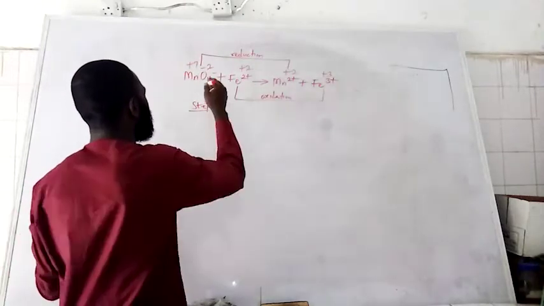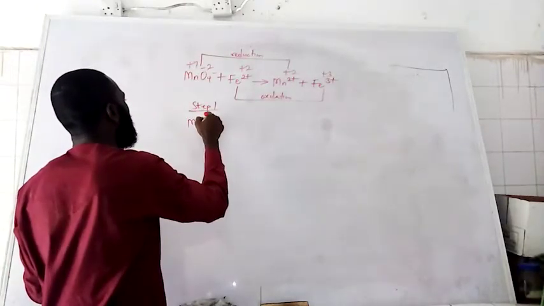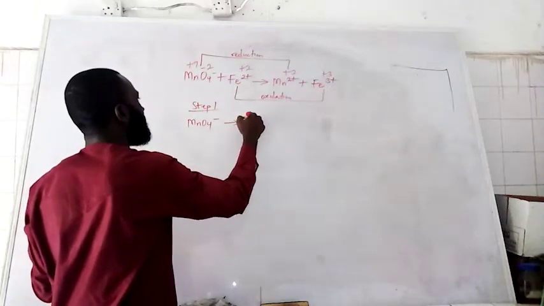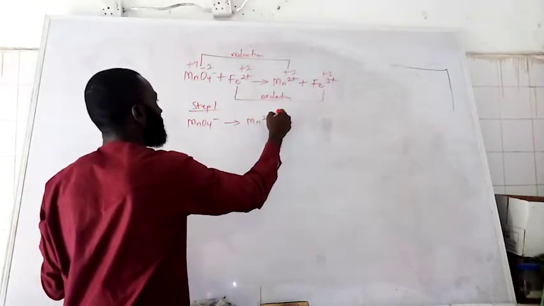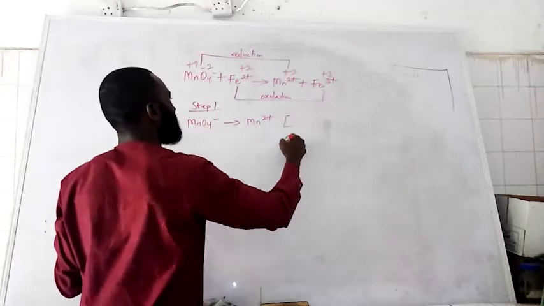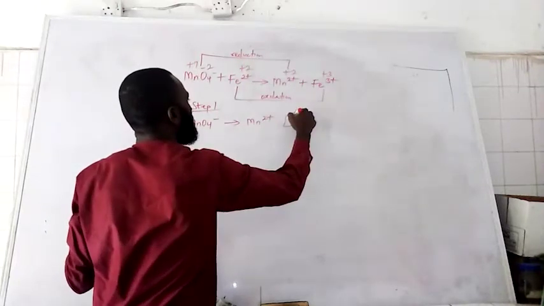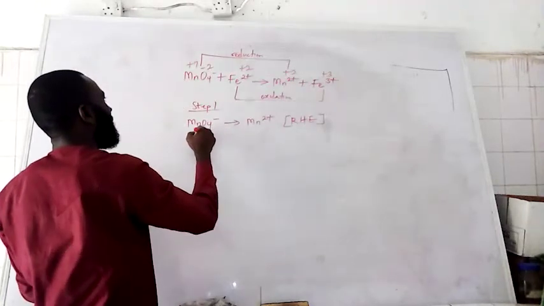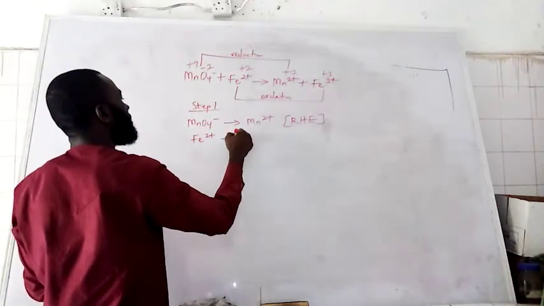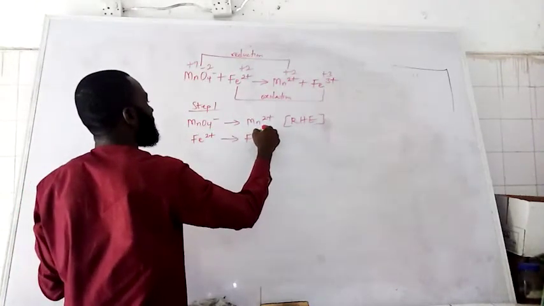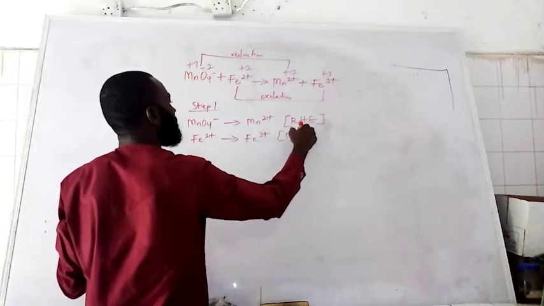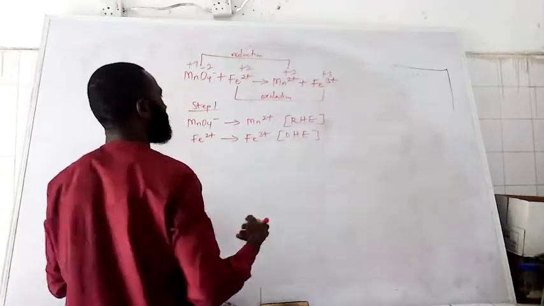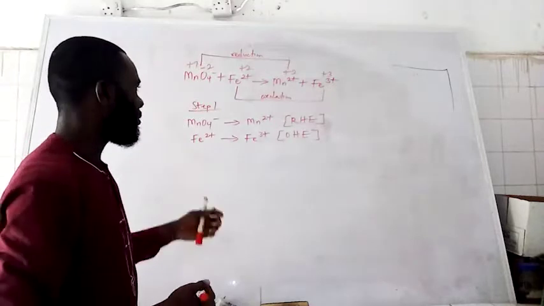So I'm going to have MnO4 minus yielding Mn2 plus, and this is going to be my reduction half equation. While Fe2 plus yielding Fe3 plus is going to be my oxidation half equation. So I'm done with step 1.